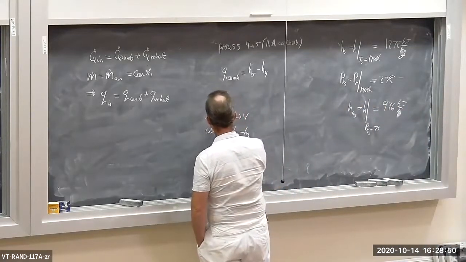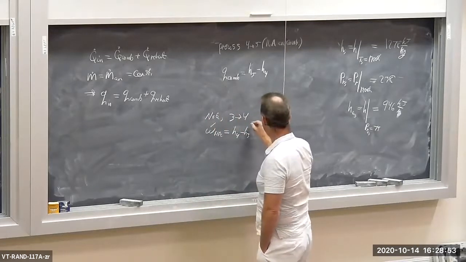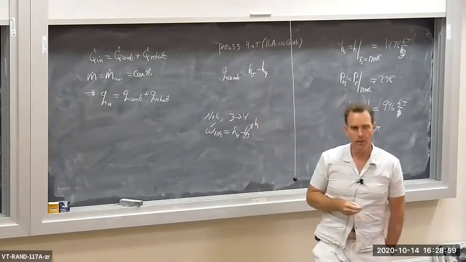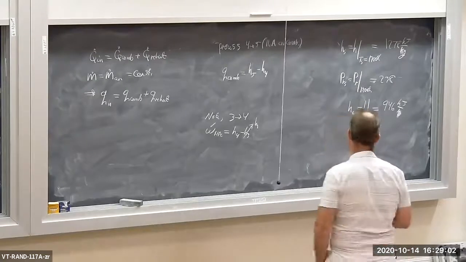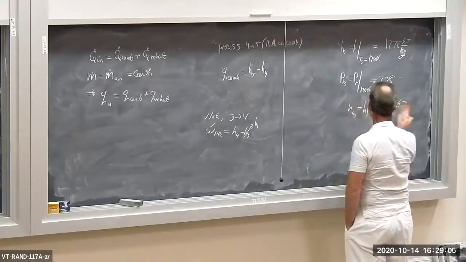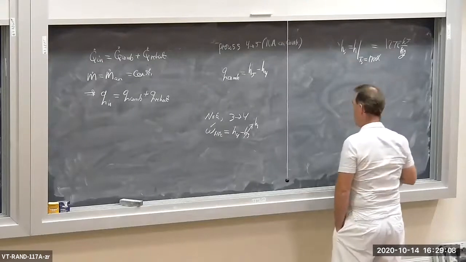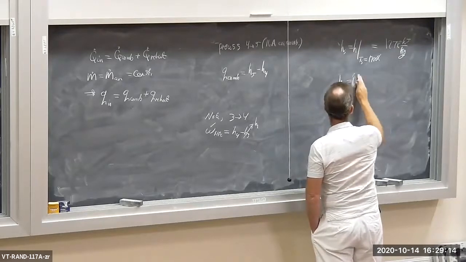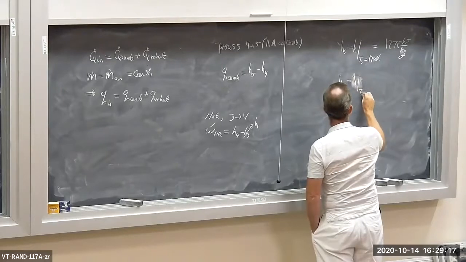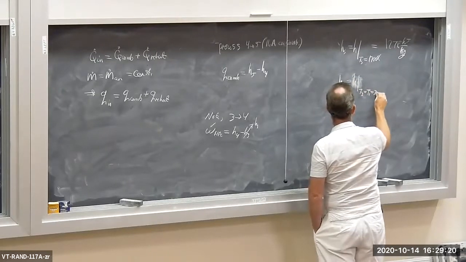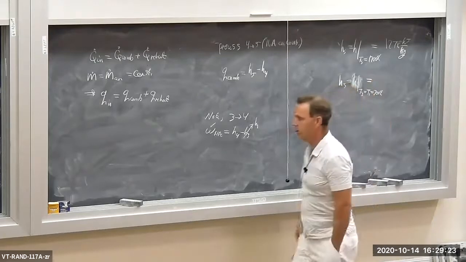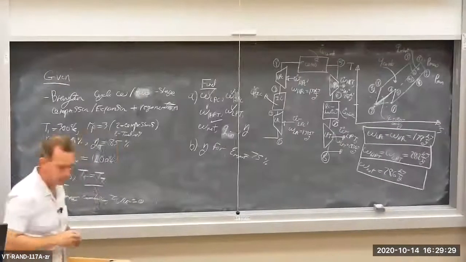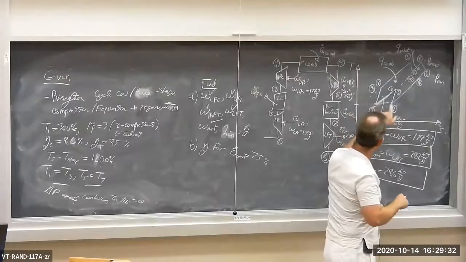Now, I know W HPC, and at one point I already wrote down H3. It's actually equal to H1. Remember? H1 is equal to H3 because T1 is equal to T3. So H3 is equal to H1, which is H evaluated at T3, which by the way is equal to T1, which is 300 Kelvin.